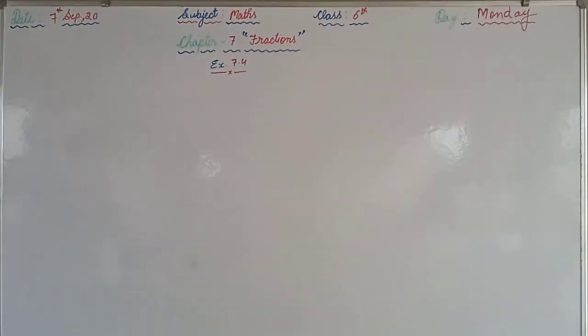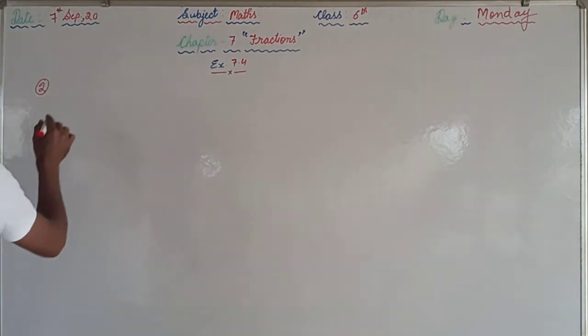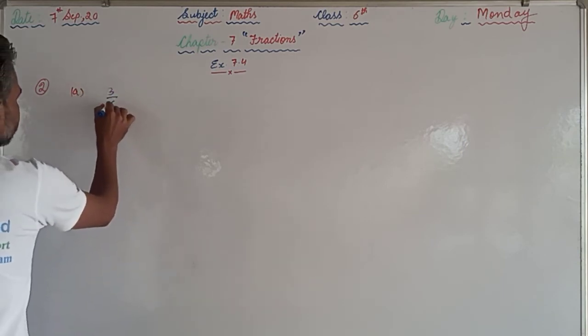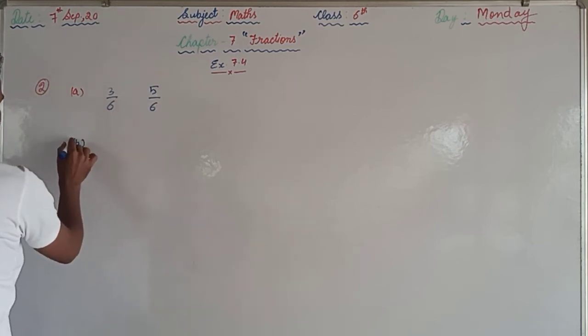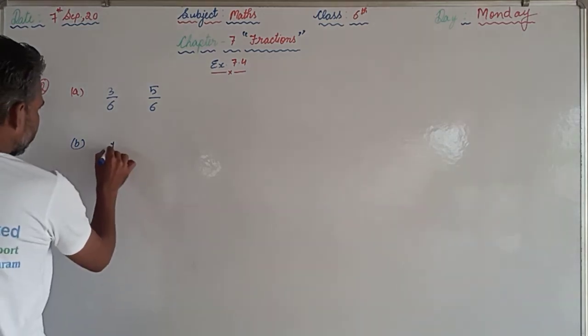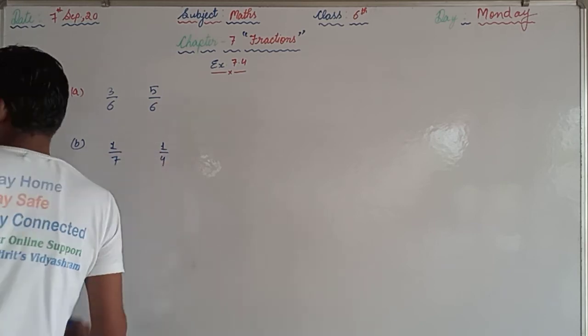Afterwards we are supposed to proceed towards question number 2. In question number 2, again we have to compare the fractions: 3 upon 6 and 5 upon 6. B part is 1 upon 7, 1 upon 4.